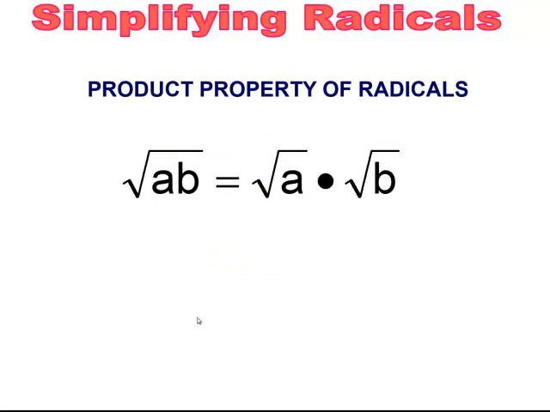To simplify radicals, we're going to use the product property of radicals. What this product property states is if you have a number under the radical, you can break it out into factors, leaving them both under the radical, and it still means the same thing.